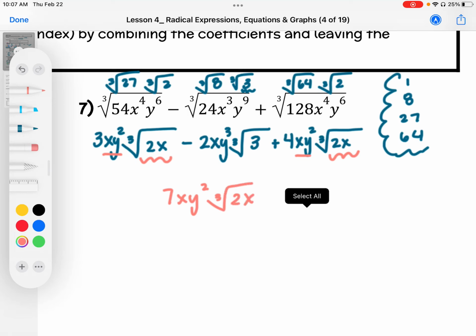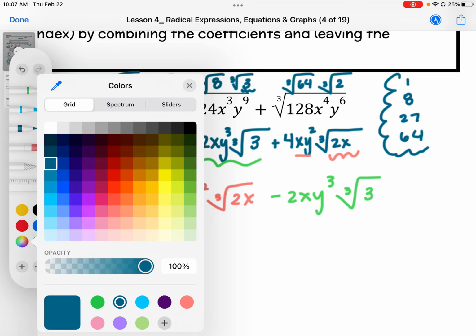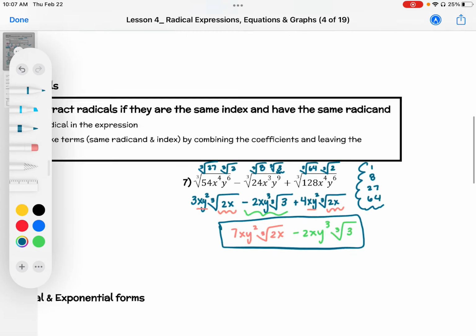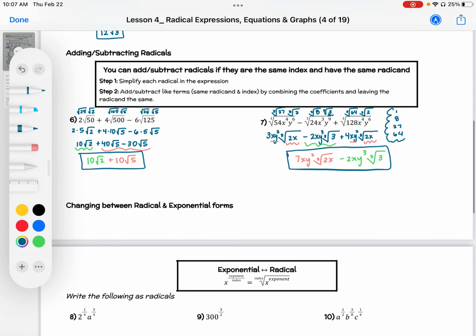So we just leave everything else the same. And then the last thing we have is just this term that didn't have any like terms. We just leave it the same. All right, and that would be your final answer for that one. I'd say adding and subtracting is like the more involved part of this unit, but it's not too bad.